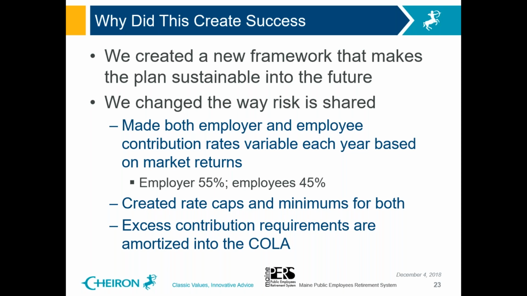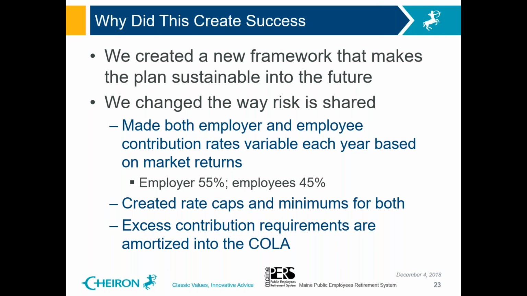So during the lead up to this, employers got all of the benefit of the good times, and when the bad times came, employees lost some of their benefits, retirees lost some of their COLA, and employers were mad that their rates were going back up. So we created that. And then that left us with the question of, well, what do you do if you have a big negative market event and the rates go above the combination of those caps?